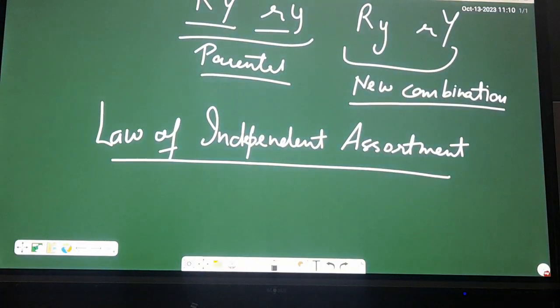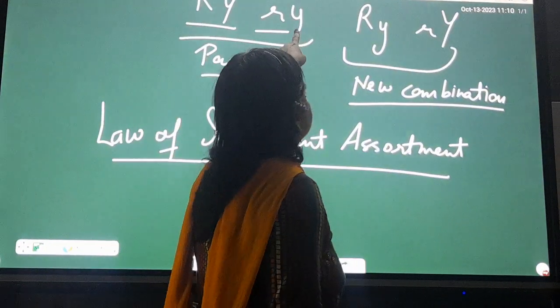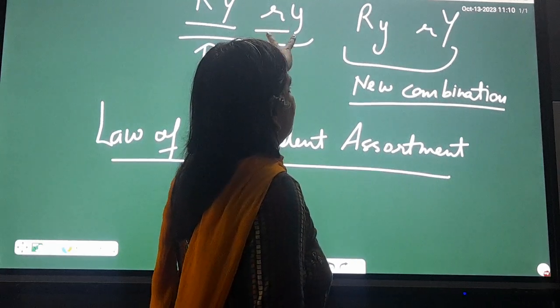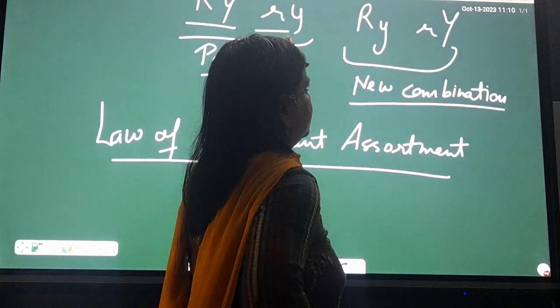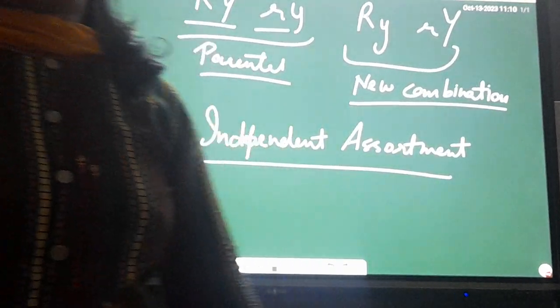What does the law of independent assortment say? Here, as you can see, the cotyledon color and the shape of the seed do not stick to each other. They get separated independently in the gametes.